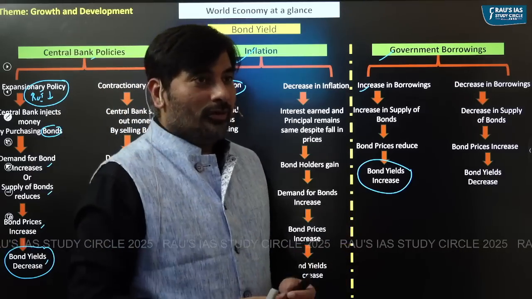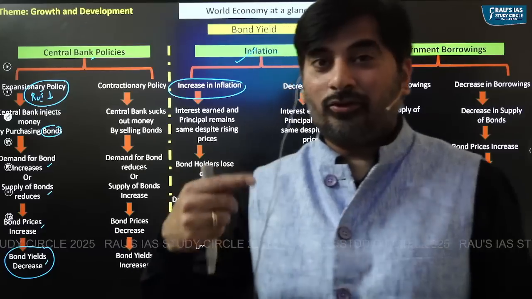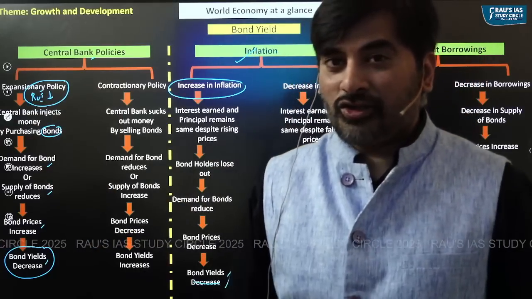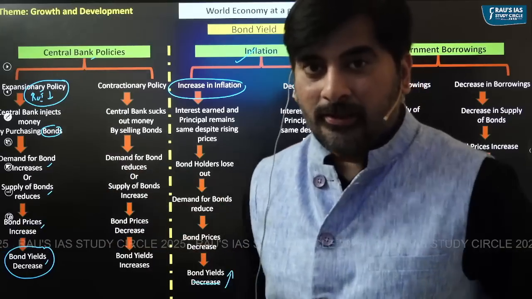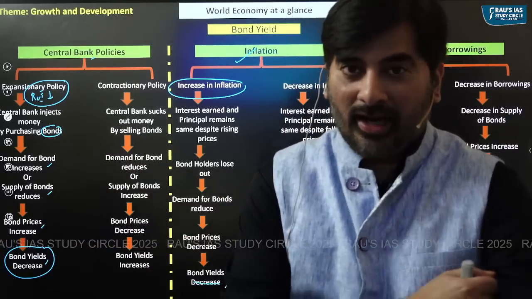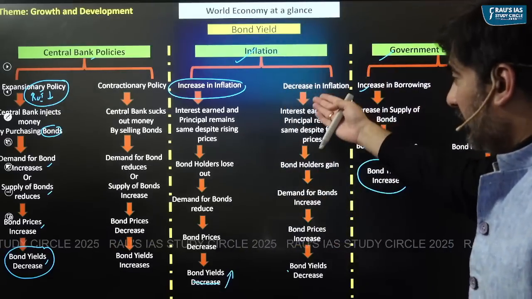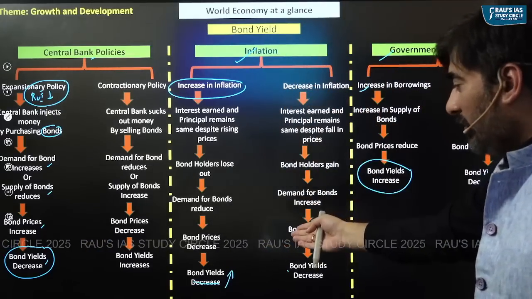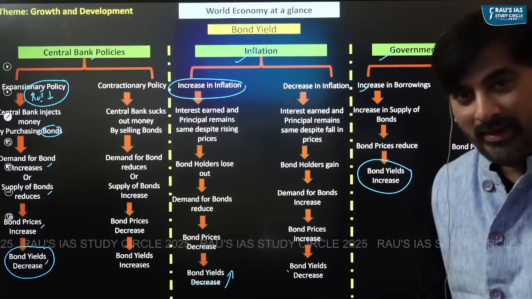So I told you, bondholders will not just look at the present rate of inflation, bondholders will also look at the future rate of inflation. So if in future the inflation rate is going to be higher, they're going to lose out. So if inflation increases, what will happen to bond yield? Bond yield will also increase, right?